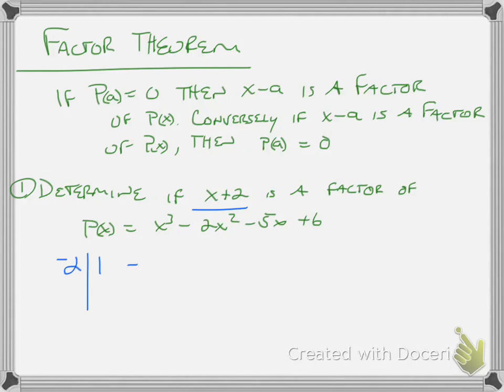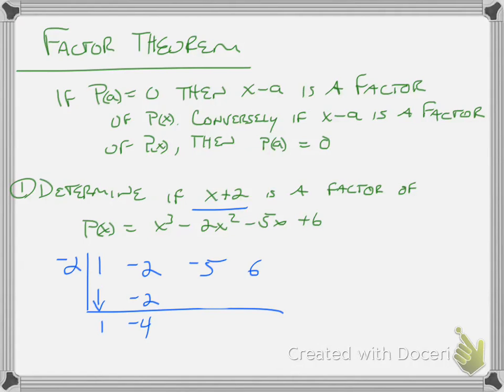My coefficients, there's no missing terms, so I don't need to worry about the zeros. I have 1, negative 2, negative 5, and positive 6. Bring the 1 down, multiply with negative 2, negative 4, combine them, multiply with negative 2. I'm sorry, let me fix that.